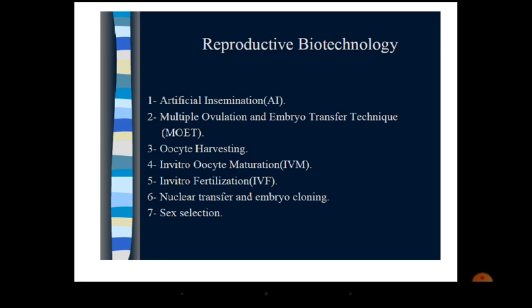Sexed semen is being supplied to artificial insemination centers. I think in one of the classes I elaborated this point: in dairy cattle, especially crossbred cattle, the birth of a male calf is not useful. It is not a welcome process.